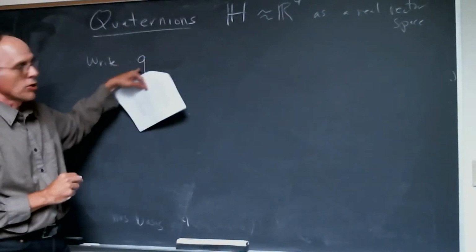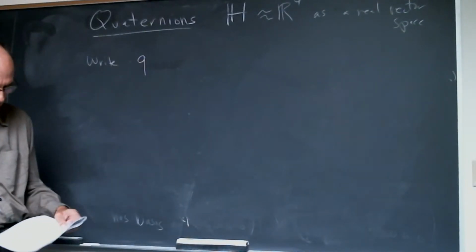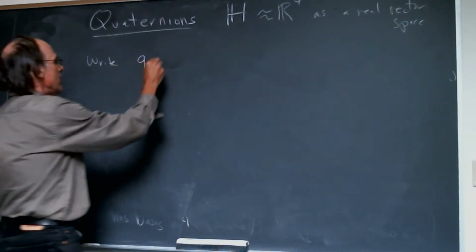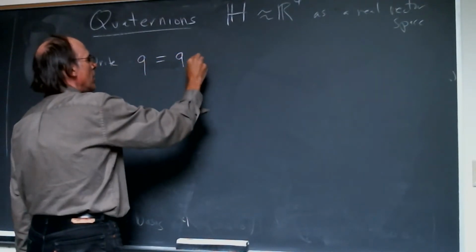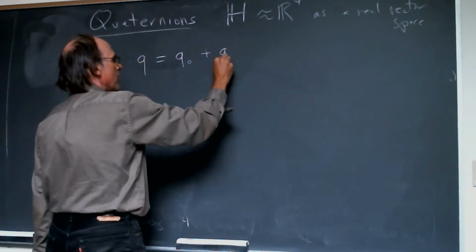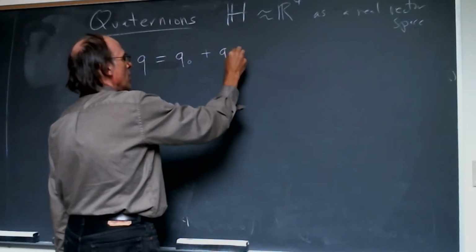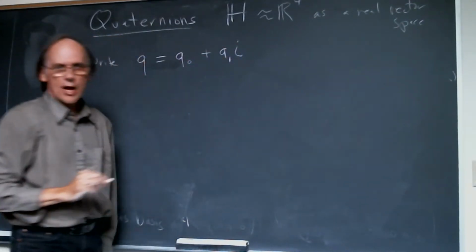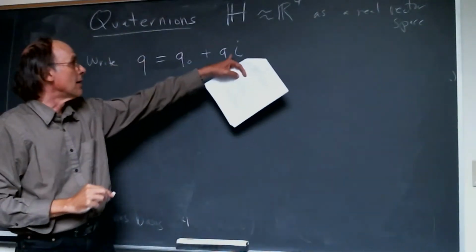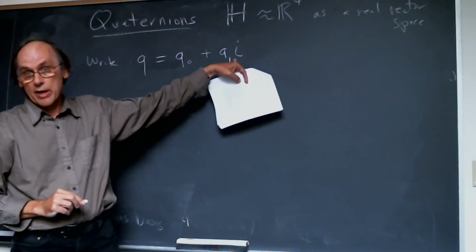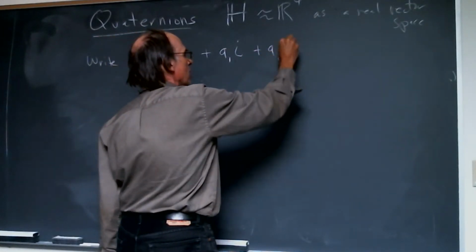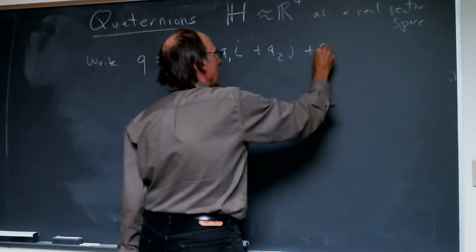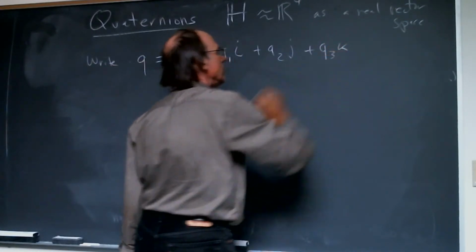It's going to be some real number, q_0, plus another real number times something I'll call i, because it's going to behave just like the complex square root of -1, and then there are two other ones called j and k.